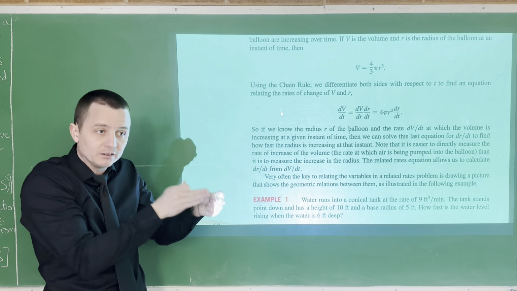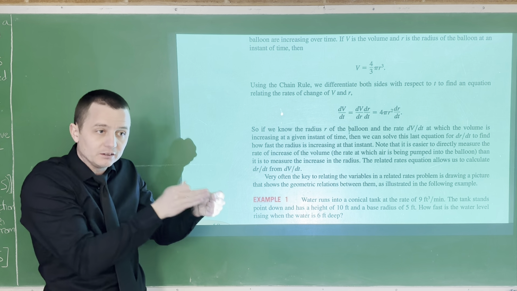So the change of volume of my water with respect to time is 9 feet cubed per minute. Scribbling that down to the side here, the given information is that the change in my volume with respect to time, dV/dt, is equal to 9 feet cubed per minute.